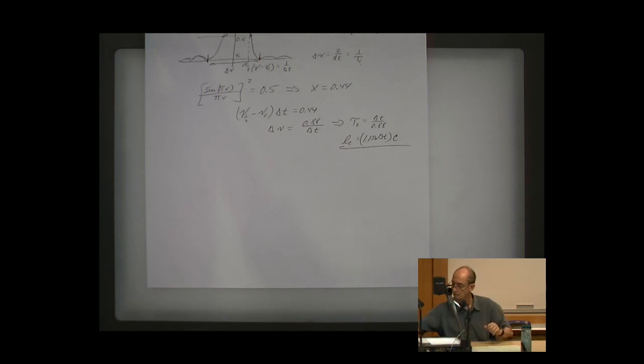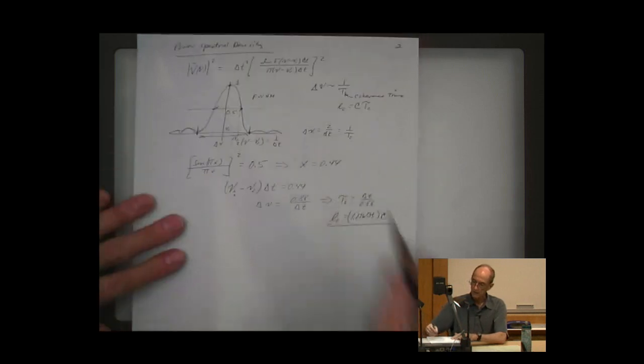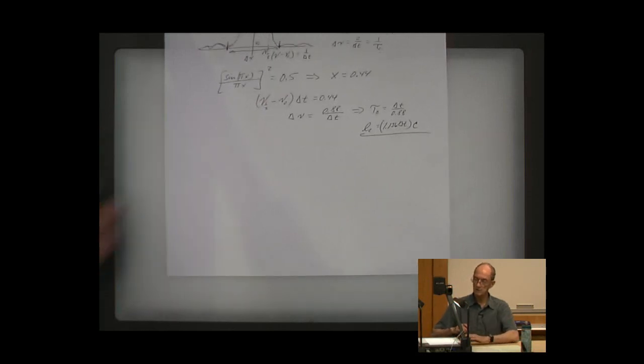We said it's related to the coherence time being inversely related to the spectral bandwidth or the bandwidth of our power spectral density. But there's a more formal way of defining this.